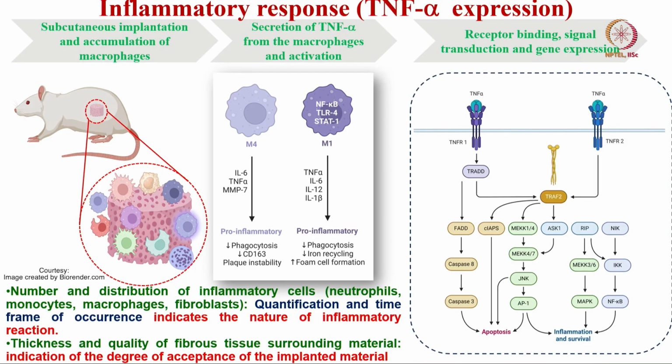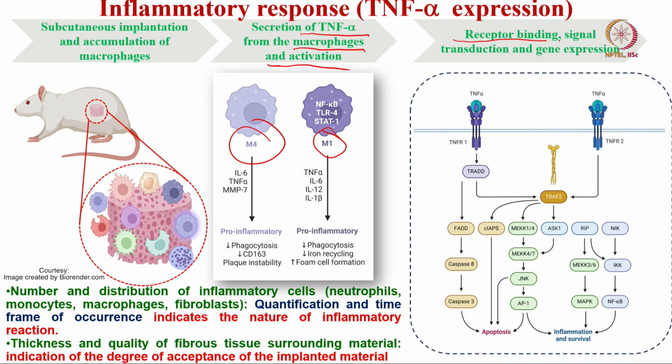Right. So, inflammatory response, TNF alpha expression, tumor necrosis factor alpha. When you do the subcutaneous implantation, it is expected that this TNF alpha is secreted from the macrophages. Now, macrophages can be at the M1 level and M2 level, and they get activated.